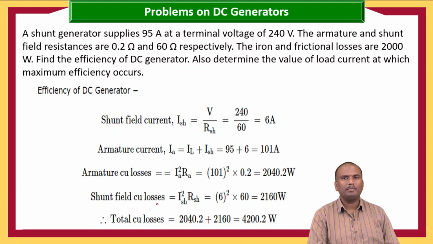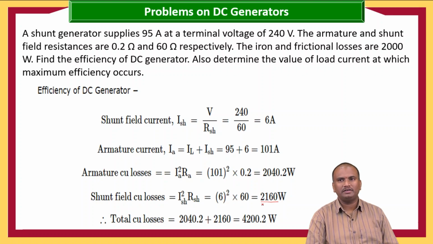The shunt field copper losses are equal to ISH square into RSH, that is 6 square into 60, that is 2160 watts. The total copper losses is equal to 2040.2 plus 2160, that is 4200.2 watts. These are the total copper losses.